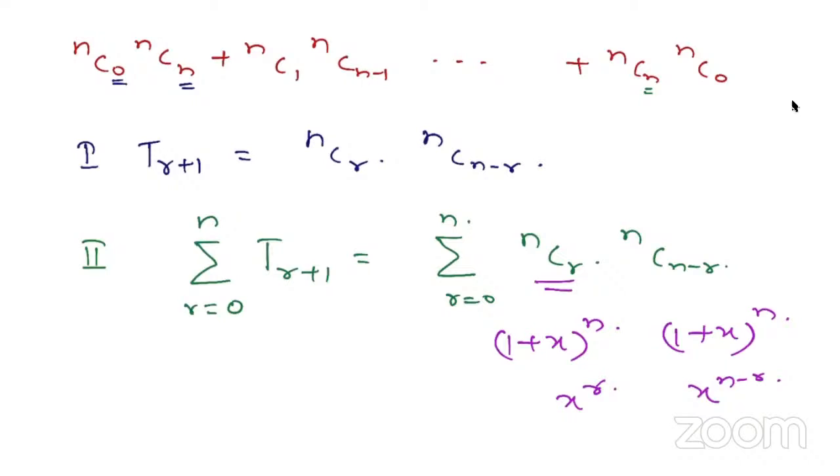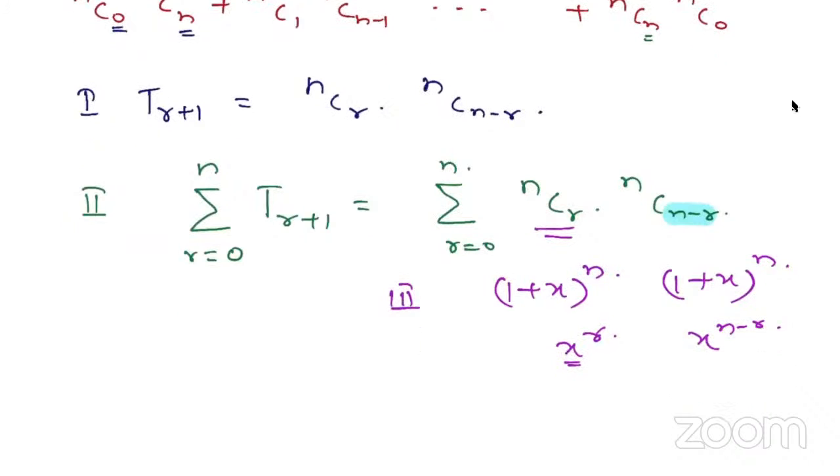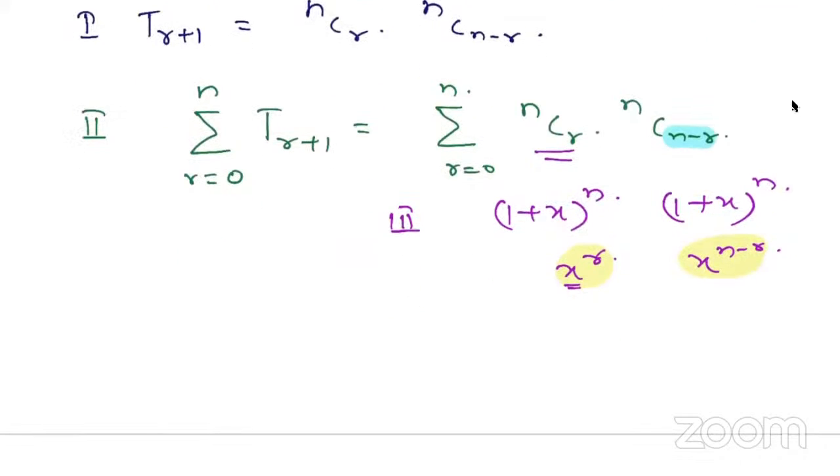The trick is you have to understand that one number you take as x to the power r, the second number you take for n minus r. So r will cancel out in both cases. In the first case it's x to the power r, in the second case it's x to the power n minus r.